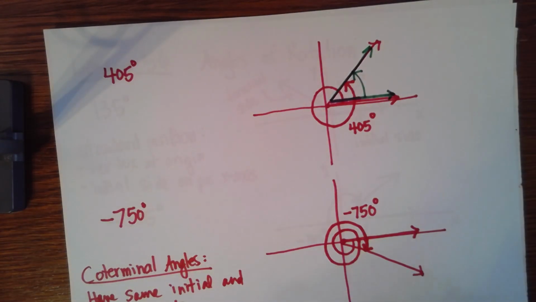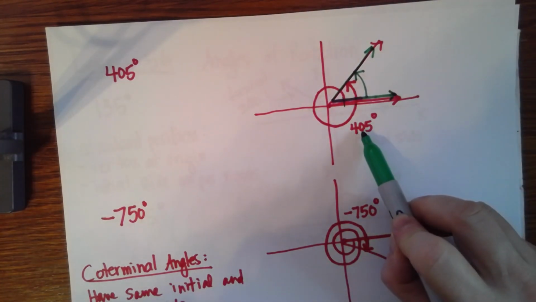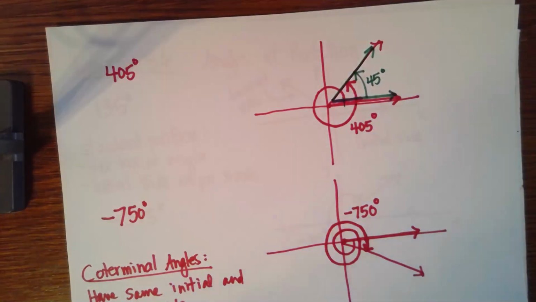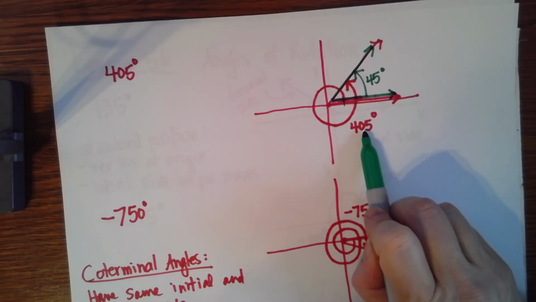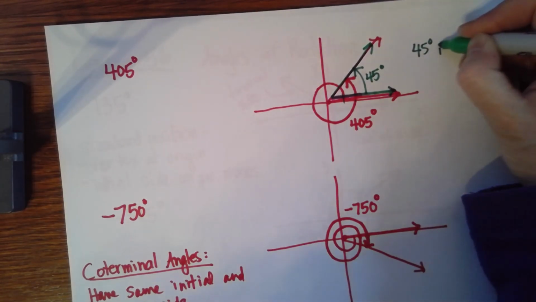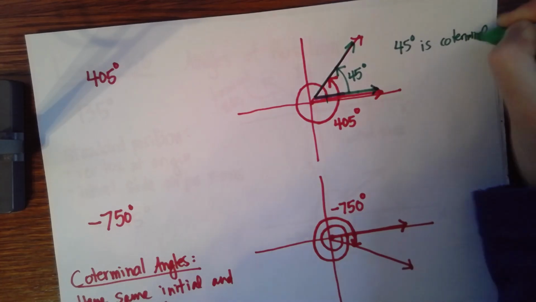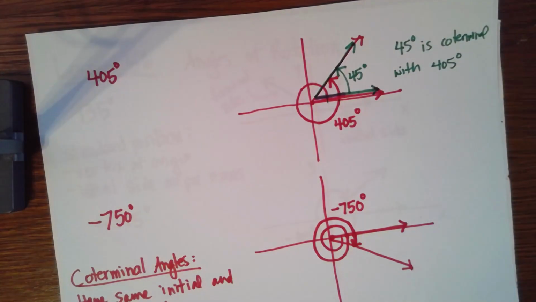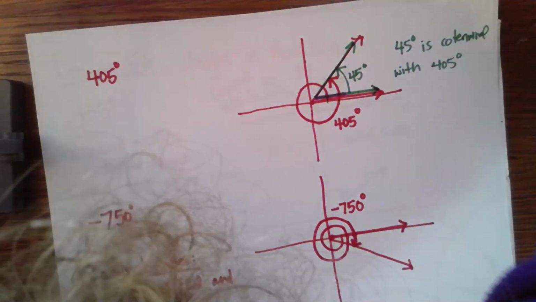How big is that angle? This one went 360 and then another 45 to get there. So this would just be a positive 45 degrees. So that positive 45 is coterminal with the 405. So 45 is coterminal with 405 degrees.